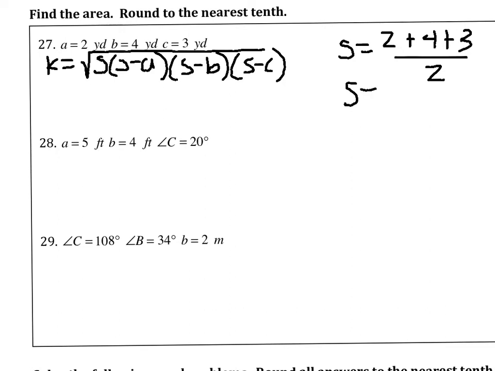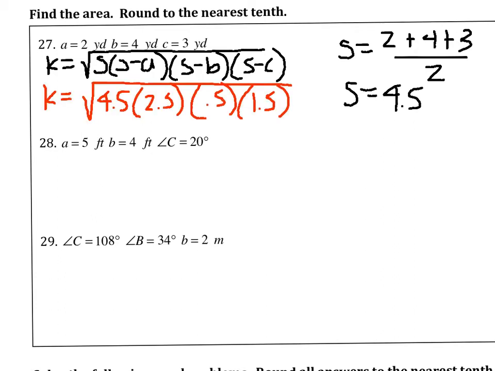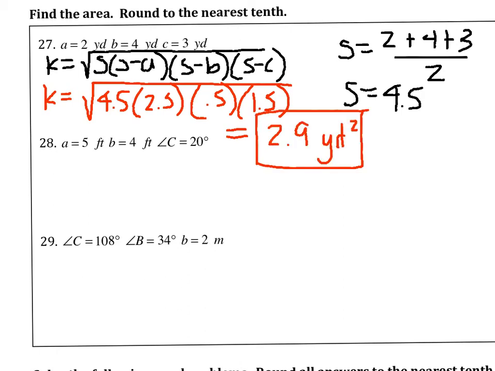So when I do this, I get 9 divided by 2, or 4.5. So once I substitute all those values in, and I actually went ahead and subtracted, this is the formula I end up getting. So I'm going to go ahead and just put that straight into my calculator. And I get 2.9 square yards as my answer.